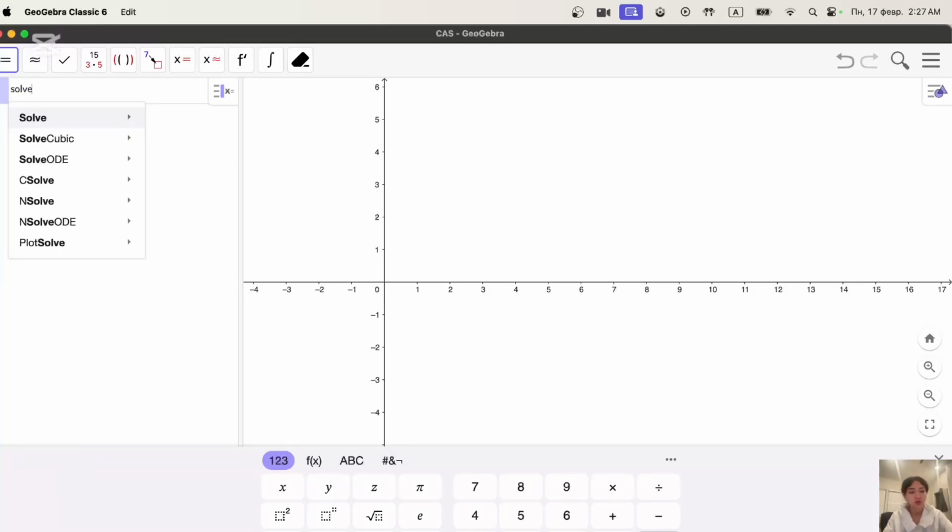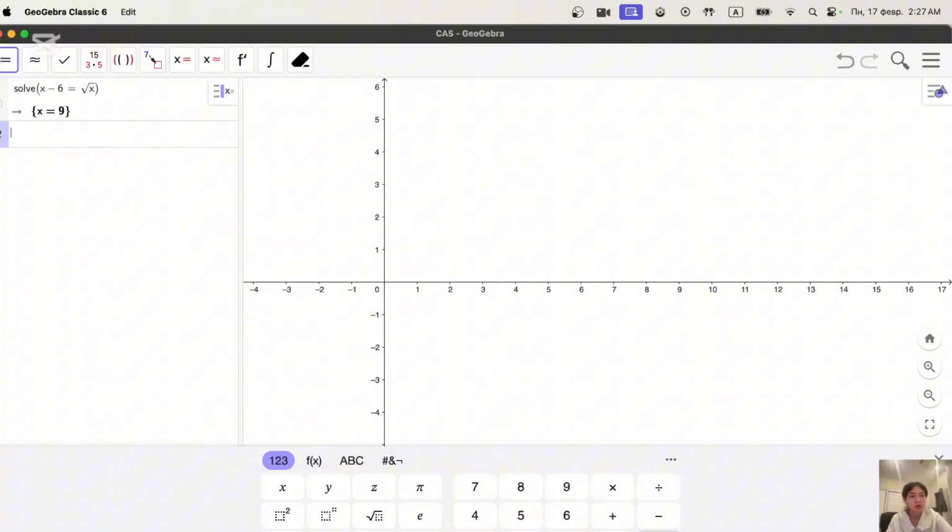So x minus 6. As we press enter, the algebra returns x equals 9.